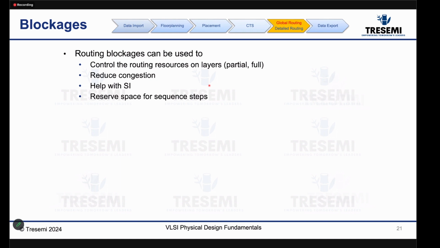So we add the routing blockages, limiting the number of routing resources for the channel. The idea is you're helping the tool shift the routing somewhere else, to even out the congestion, right?